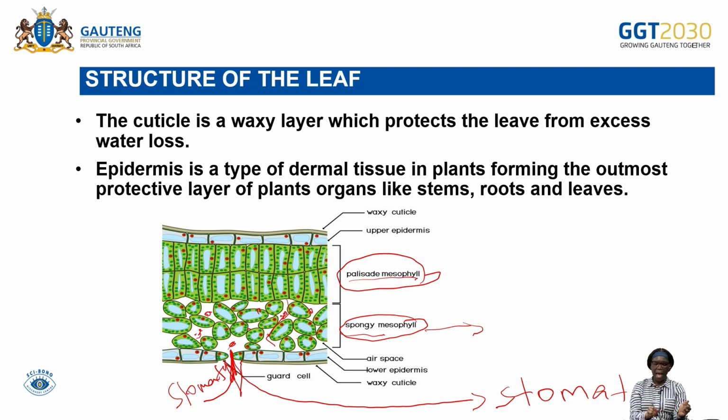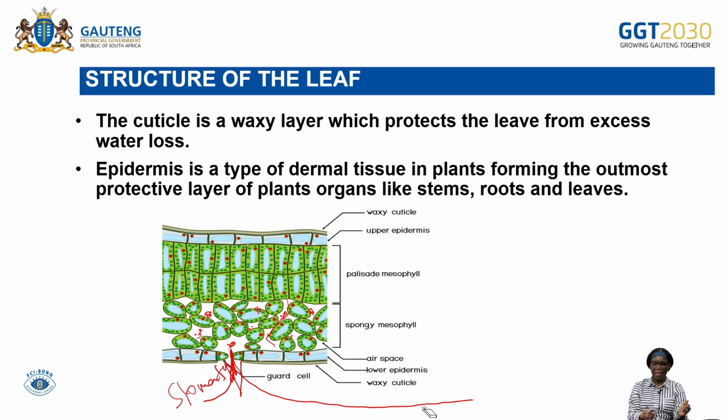The air spaces will assist with the exchange of gases. Gases will easily diffuse from the chloroplast into the air spaces, then move out of the leaf through the stomata. Do you understand, grade 11s?